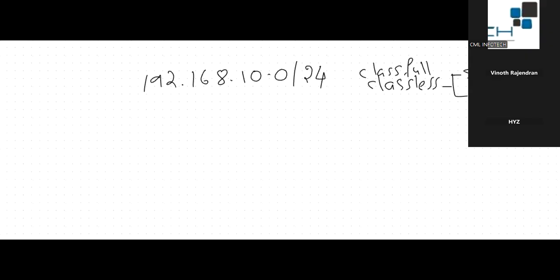Okay. So let's say when you have the 192.168.10 network, the last octet in class C is defined for your hosts, your computers or end devices. So this is 2 raised to 8, which means 254 valid numbers.